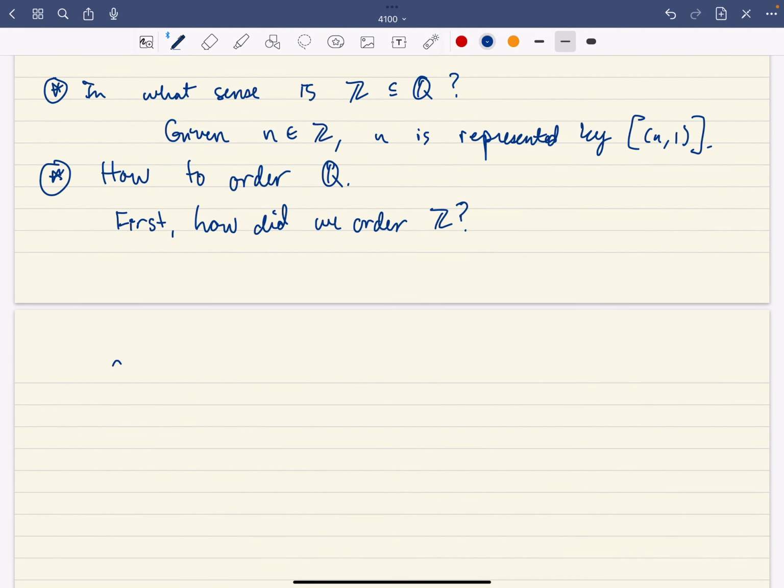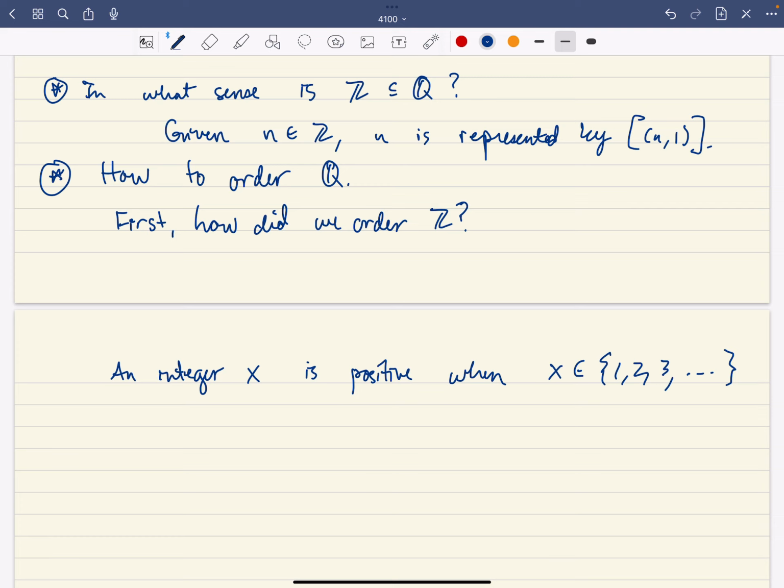So I want to zoom in a little bit on this. Let me first say that an integer x is positive when x is in the set 1, 2, 3, and so on. I'm going to call the positive integers the set 1, 2, 3, 4, 5, and so on.